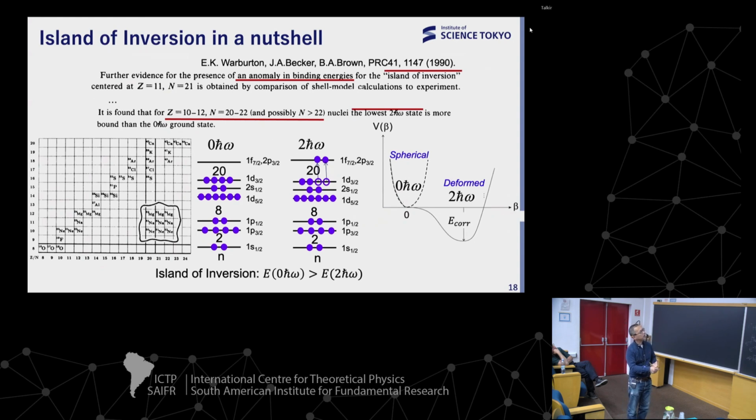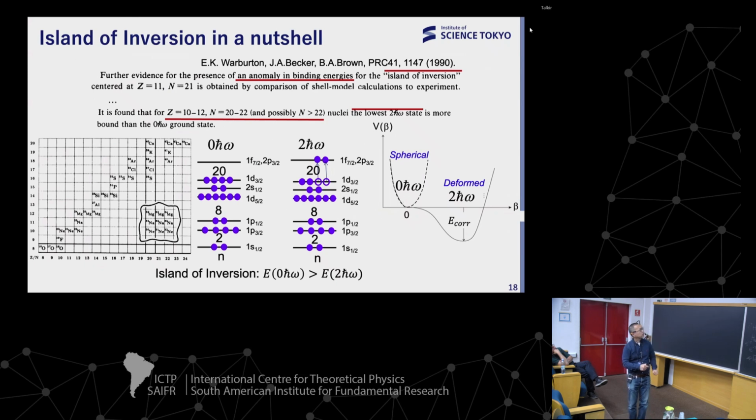So by exciting two particles here, this configuration gains some energy, and this energy gain is obtained by deformation. By mixing these, it is largely deformed, so that it gains some energy. So that is the mechanism of this island inversion.